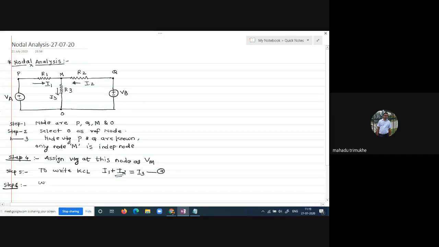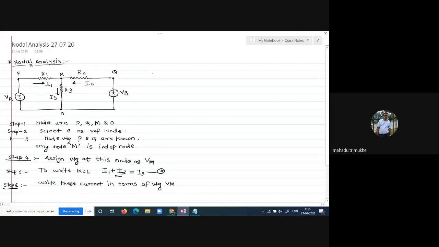So write this current in terms of voltage VM. Now we will find out what is I1 over here in terms of voltage.